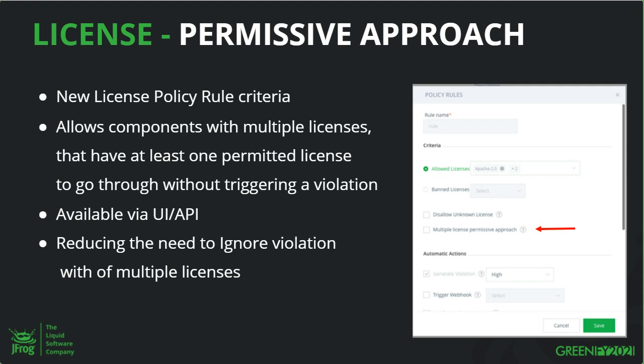So this, of course, will reduce the need to ignore violations on multiple license components, and will be much more accurate to your use cases. It is also available through the APIs.